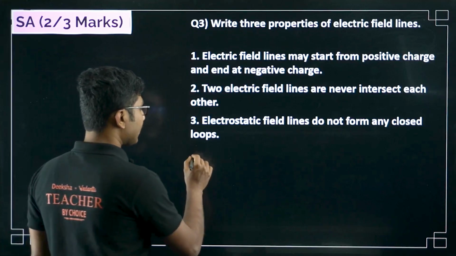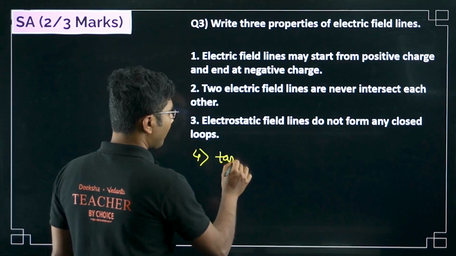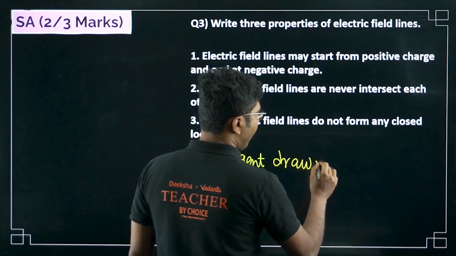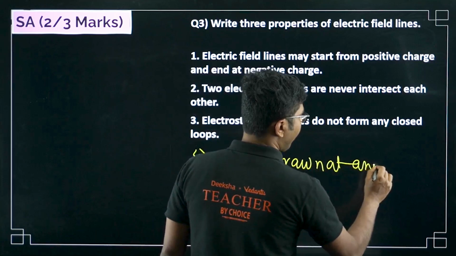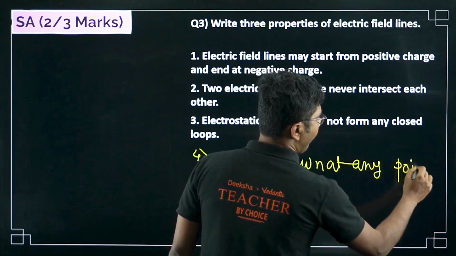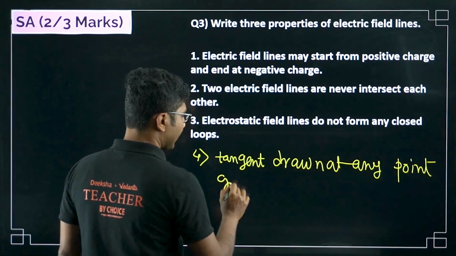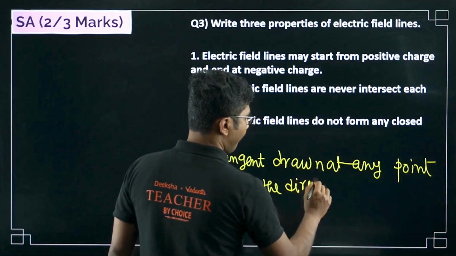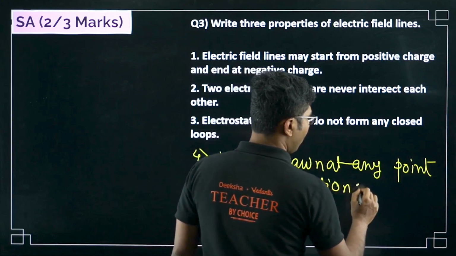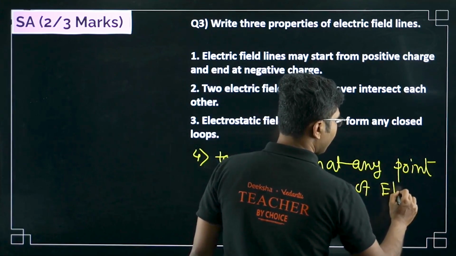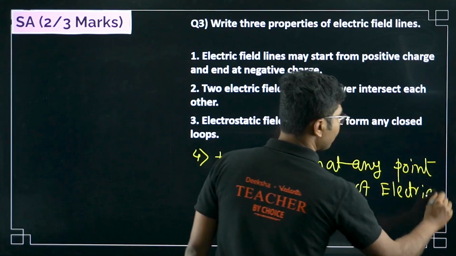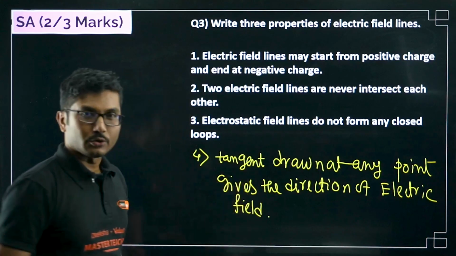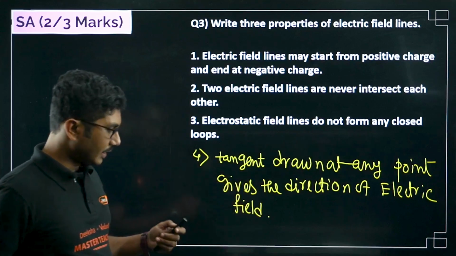Another point you can mention that tangent drawn at any point gives the direction of electric field. Same point can be used for magnetic field lines as well. So one stone, 2 birds. So this is one question that is done.